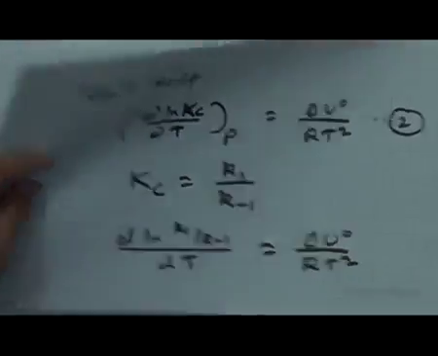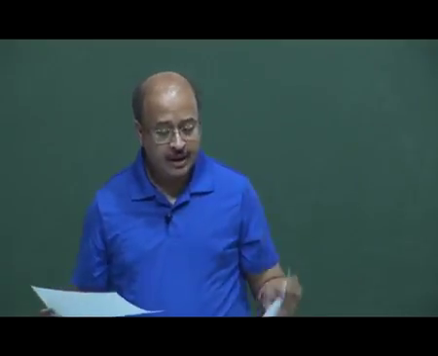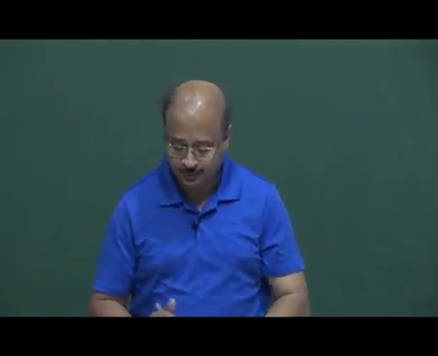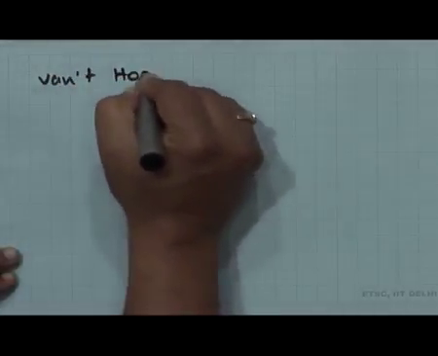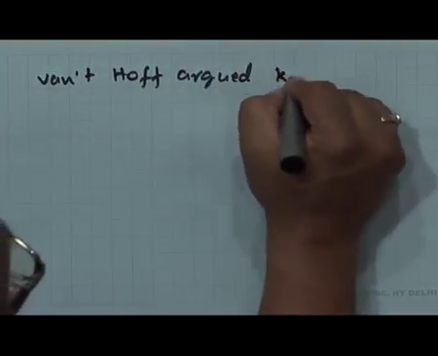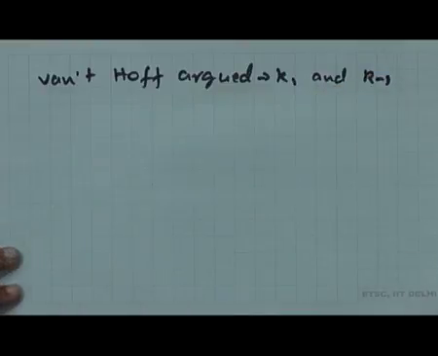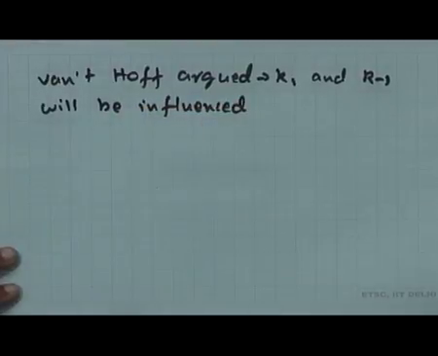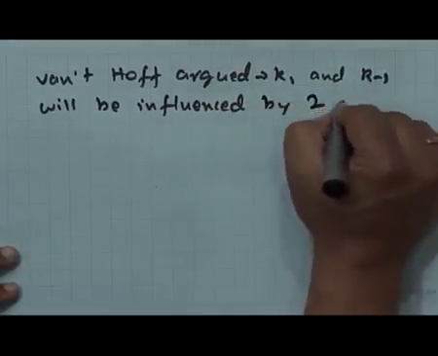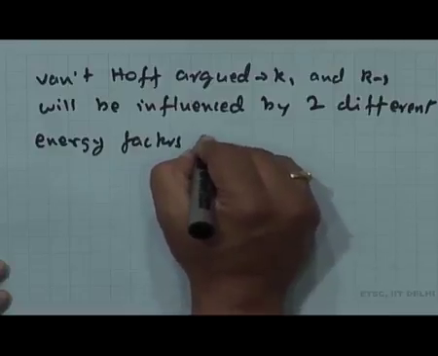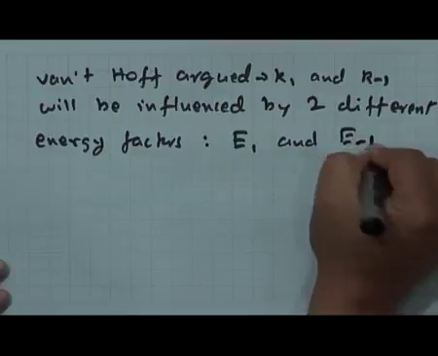Now Van 't Hoff argued, based on his proposed hypothesis, that k1 and k minus 1 would be influenced by two different energy factors, which are E1 and E minus 1.